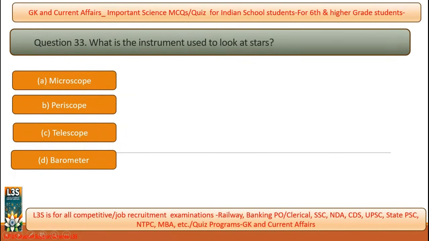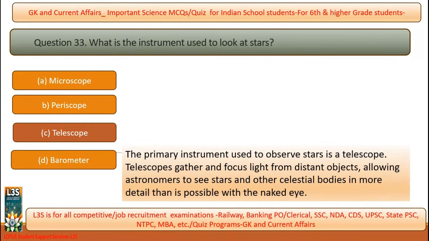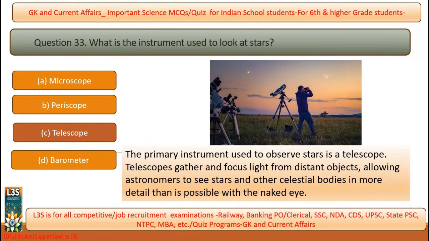What are the instruments used to look at stars? Options: A, microscope. B, periscope. C, telescope. D, barometer. And the right option here is C, telescope. The primary instrument used to observe stars is a telescope.